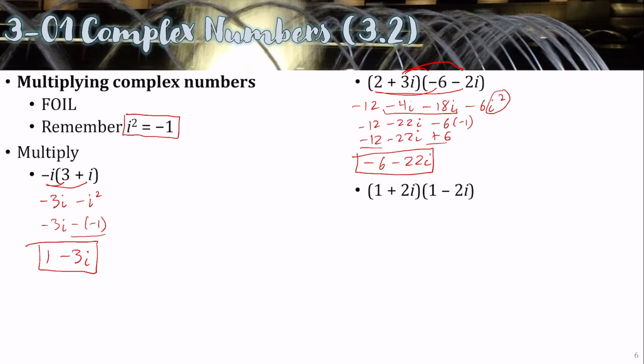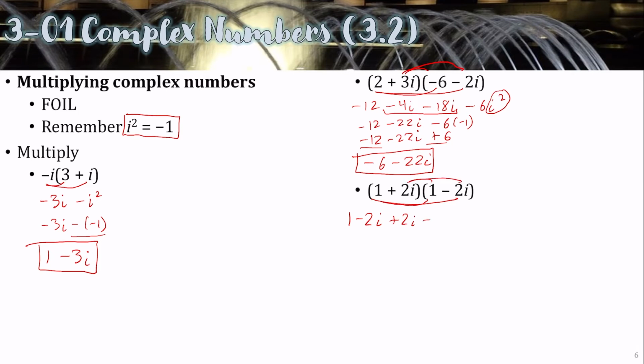Let's try the last one. Pause the video, try the last one. All right, here we are. First, we have 1 times 1. Outers, 1 times negative 2i. Inners, 2i times 1.